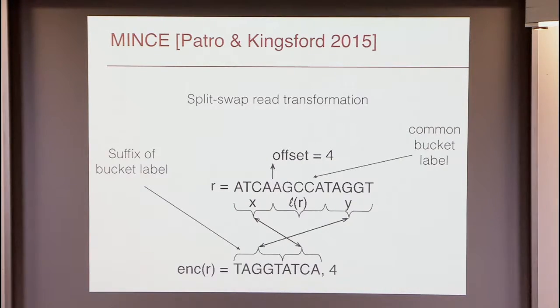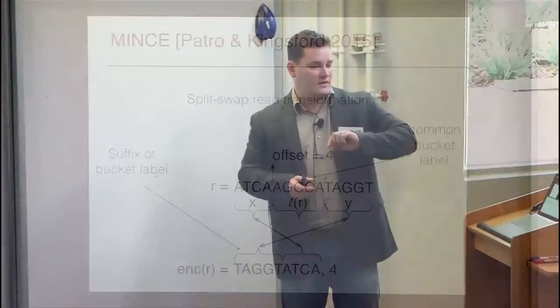But basically, they are the most common L-mers, where L is, I believe, 8, in a given read. So it's the most common L-mer in a read, and if that's been seen before, it's mapped to the same bucket, and if it's not been seen before, then it becomes a new bucket.